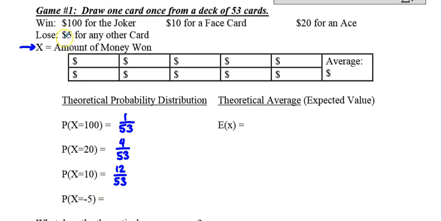And the probability of losing $5 is for any other card. There are a couple of ways you can do this. The first is to figure out how many other cards there are.